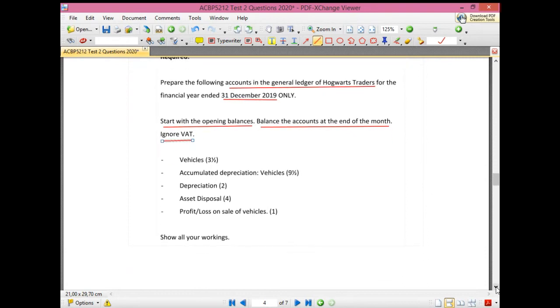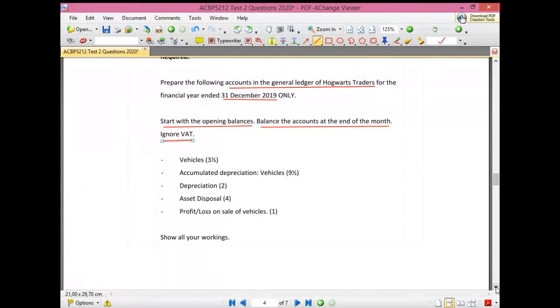I want you guys to remember in your test to show the workings, because if you've made a mistake, I can still assign some of the marks if you showed me your calculation, whereas if I just see an incorrect amount, I have to give you a 0. Showing a calculation will help you actually pass the question.